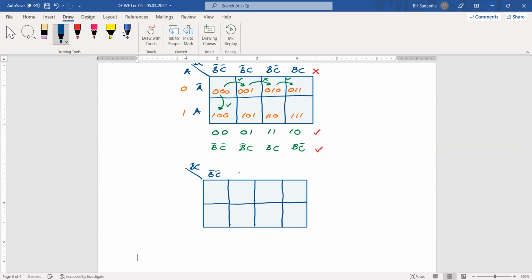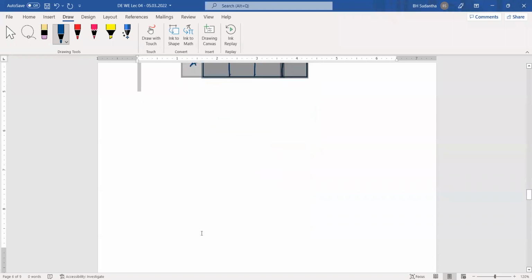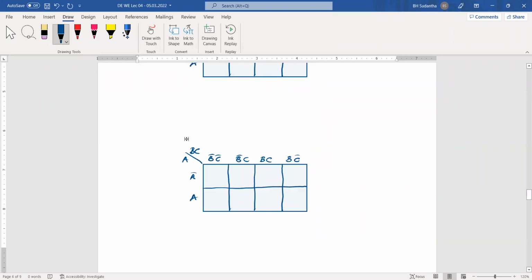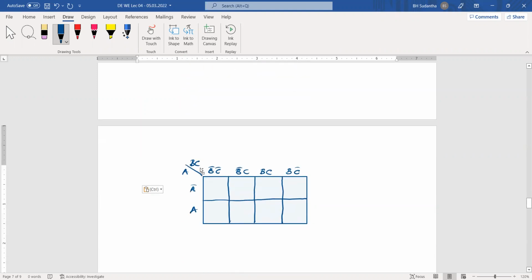It's B bar C bar, B bar C, BC, BC bar. This is side A. This is A bar and A. Okay, this is the correct one. But if you want to have a different pattern, it doesn't matter, but you have to maintain the rule. You can change only one bit position at a time.